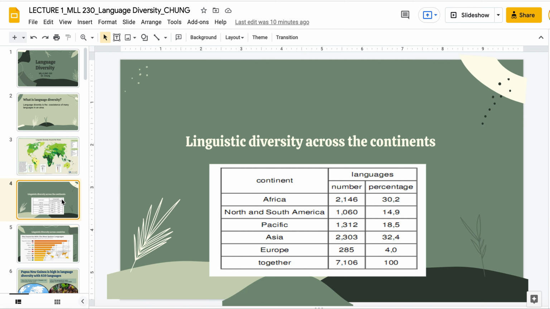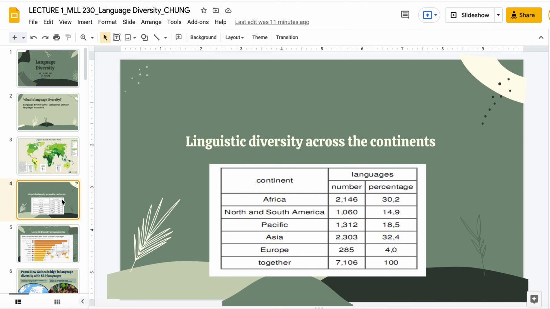So across continents, we can see that Africa has the most languages that are spoken, followed by North and South America, Pacific, Asia, Europe. And this might surprise some of you. Maybe it doesn't surprise you if you've taken my class before, to know that there are many different languages, indigenous languages, local languages, that differ from the standard variety.